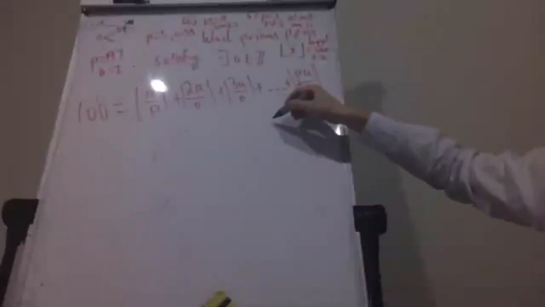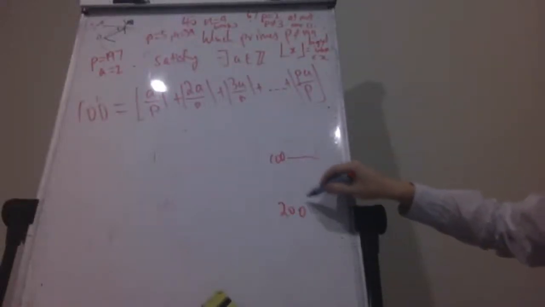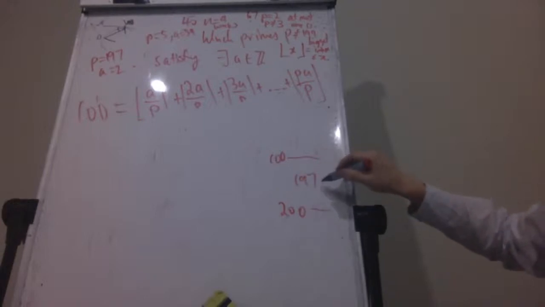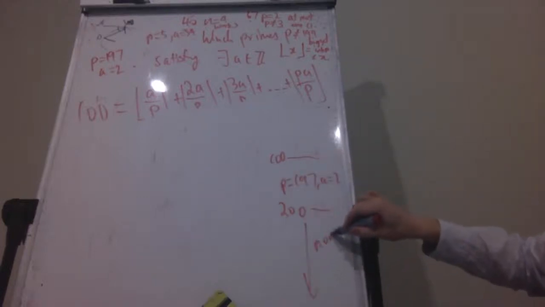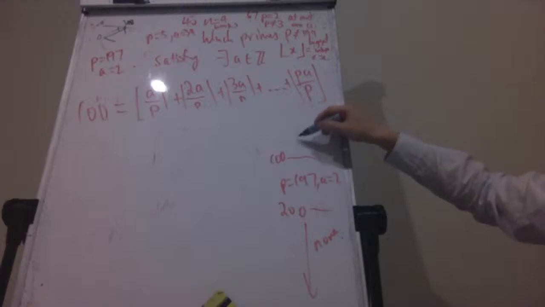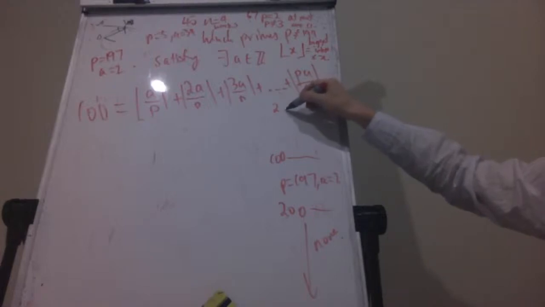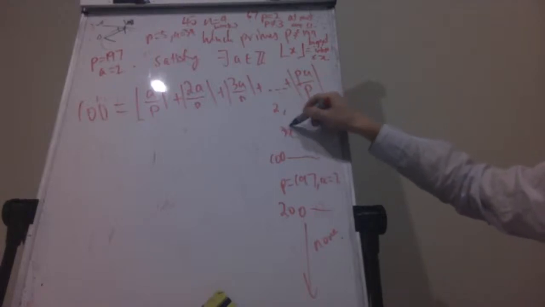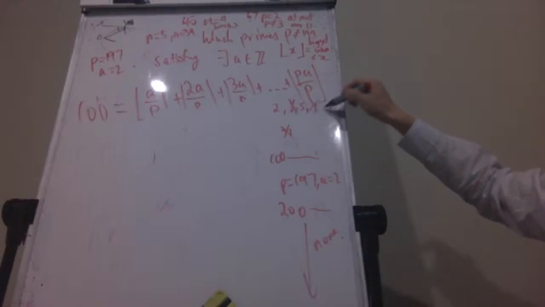So to summarize what we have, yeah? From 100 to 200, there's like 197, and that's what A equals 2. There's nothing here, yeah? Up to here, I guess we know that 2 works, right? 3 doesn't work, right? 5 works. 7 doesn't work.